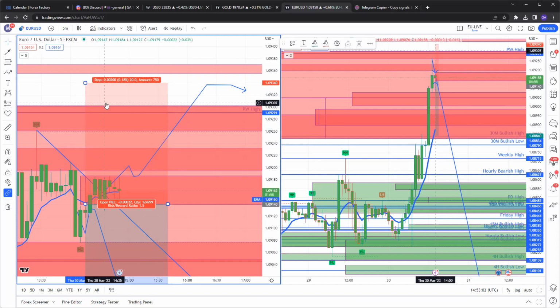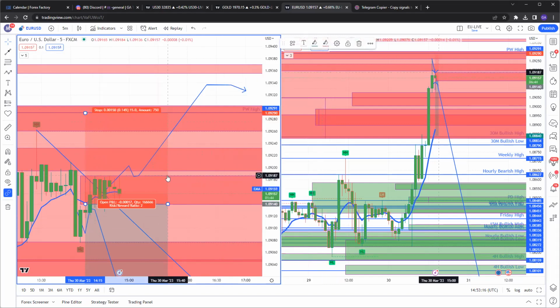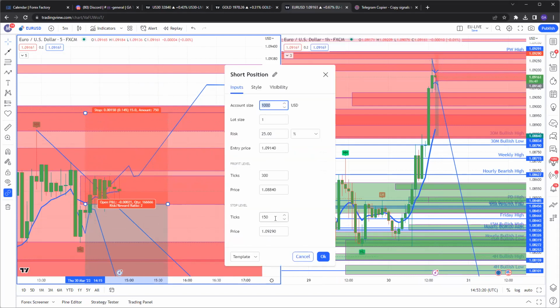In any case, I would look to be holding this sell for longer, because look at where 20 pips is. 20 pips is even higher than the previous weekly high. So around where the previous weekly high is, it's around 15 pips. So for me, this trade actually makes sense, and I may even hold it longer than 30 pips.